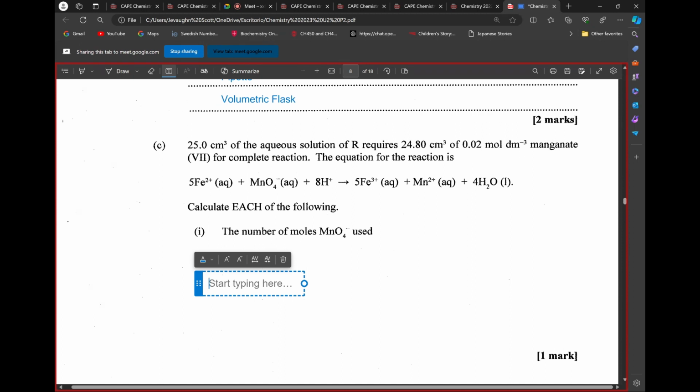First thing you would do is write out your formula, which is mole equals concentration over volume. Okay, let me follow what you're saying. So mole equals concentration divided by the volume.